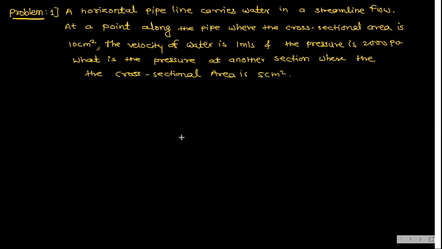Now see here, you have 2 pipes, something like this. One is small, one is big. And through this, liquid is flowing. That is in streamlined flow.